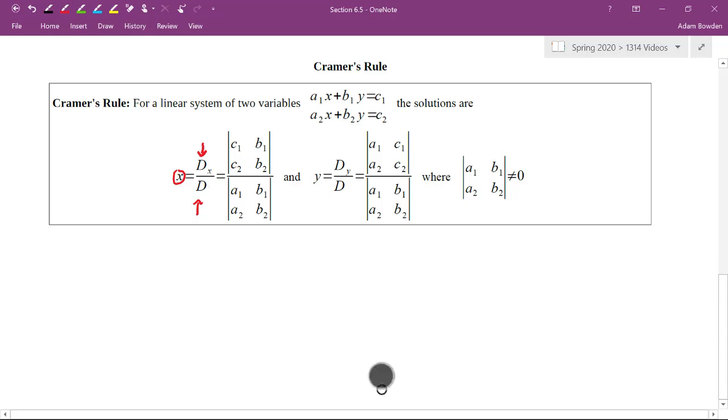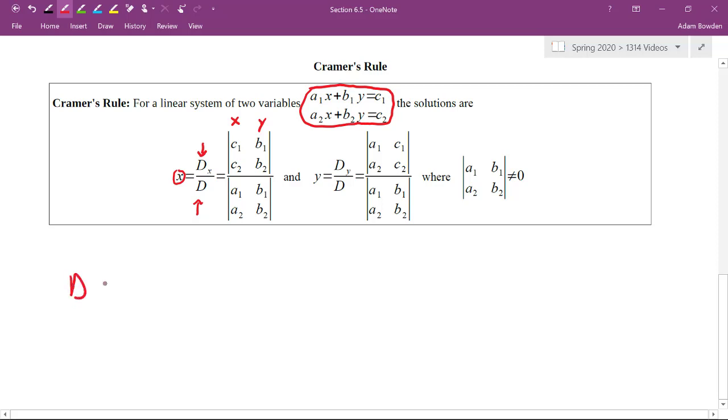And so how this works is we have a column for the x's and we have a column for the y's within our system of linear equations. The a's are the numbers that are the coefficients of the x terms, b's are the coefficients of the y terms, and c's are the constants.